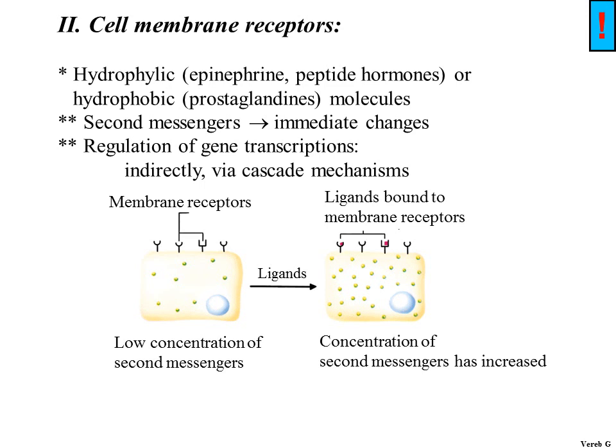However, these receptors also have the possibility to regulate gene transcription like the nuclear receptors do. But since they are in the membrane, of course they have no access to DNA directly, so they must work indirectly through various cascade mechanisms.